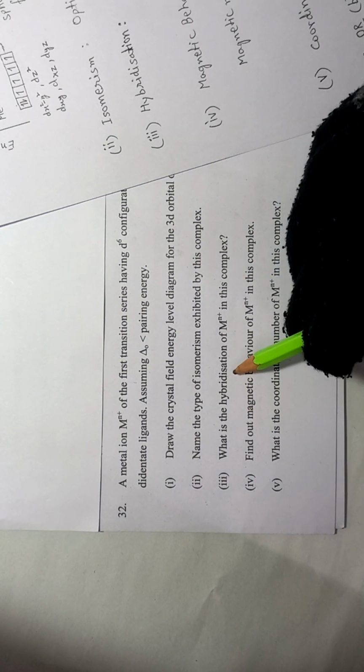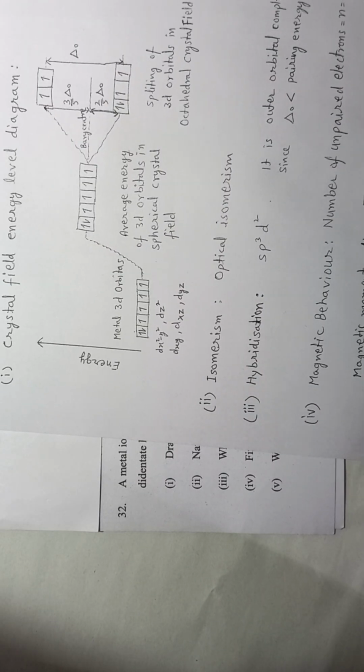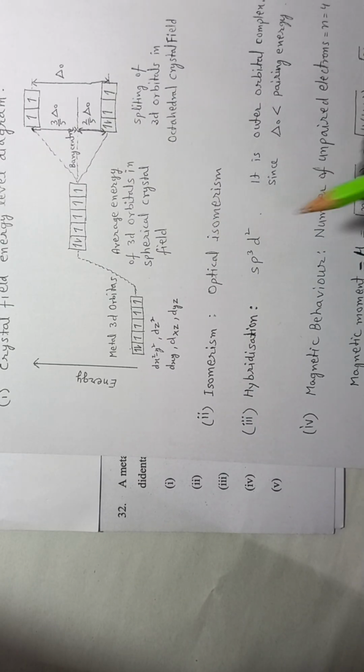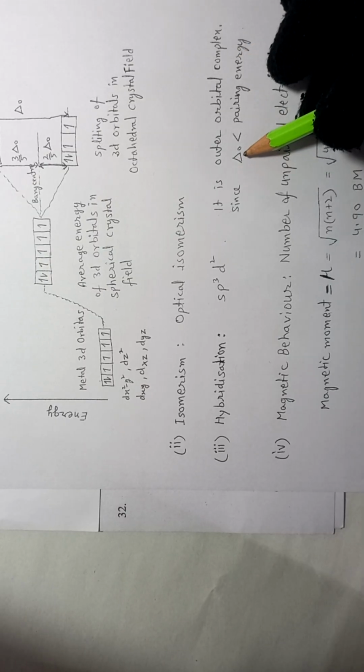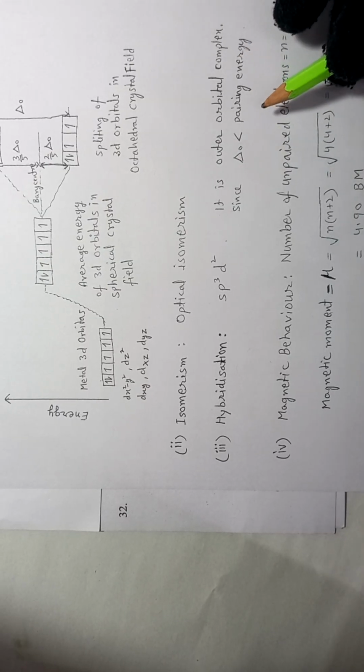And the next question is, what is the hybridization of Mn+ in the complex? It is sp3d2. It is an outer orbital complex since the splitting is less than the pairing energy.